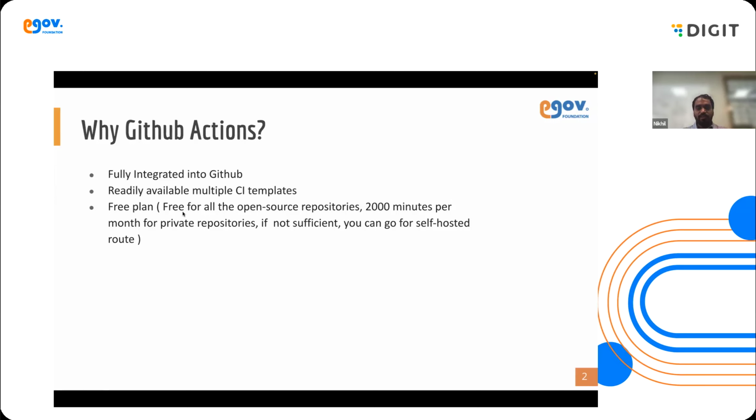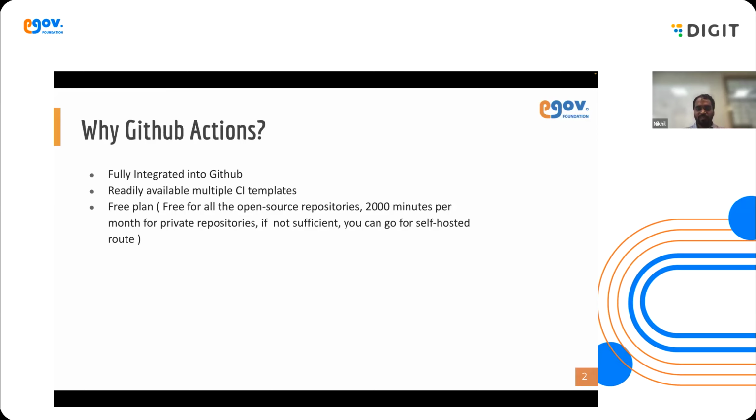We also have multiple custom CI templates that are readily available, which you can easily integrate into your GitHub Actions workflow. In Jenkins, you have to worry about maintaining it and configuring it, bringing your own server, and making sure that the plugins are always up to date.